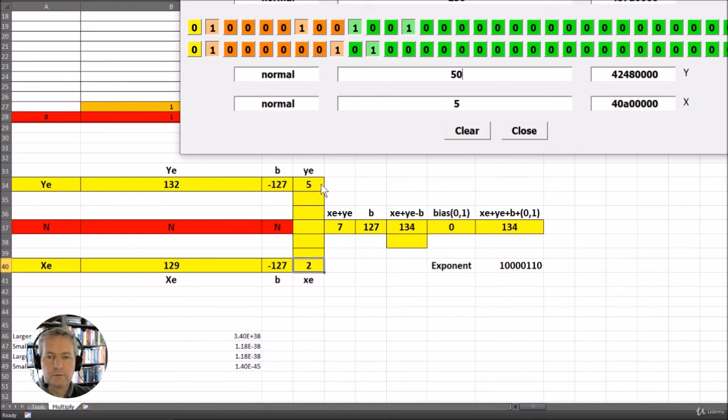So in order to find the true exponent value, after multiplication we have to add these two together. So we're adding the 5 and the 2, and it gives us a 7. Now in order to get the biased value back, we're going to have to add the 127 back on, and this will give us our final biased output. So this will be the final output that we actually get in our floating point number.